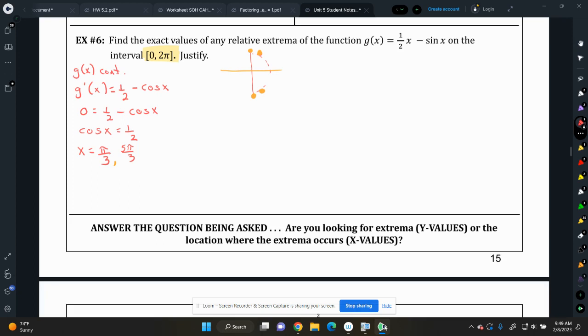So I'm looking at 0, and then we'll do pi over 3, 5 pi over 3, and 2 pi. So this time I have to include those endpoints. Now, this is an endpoint, so I don't have to go outside of those points.